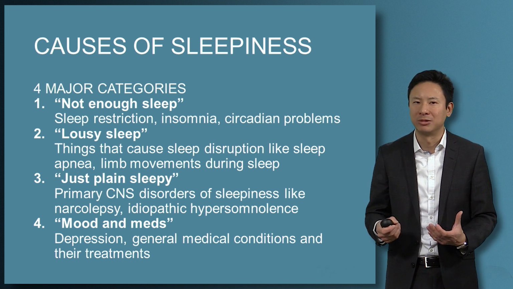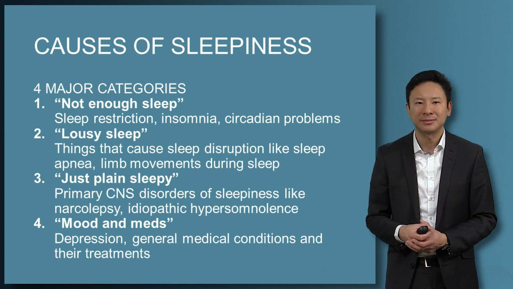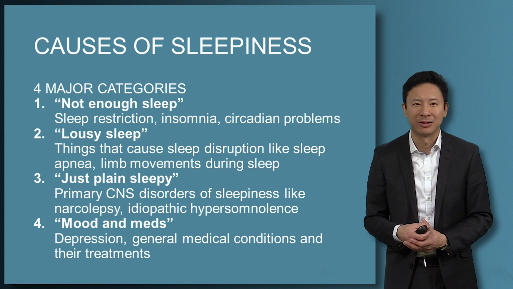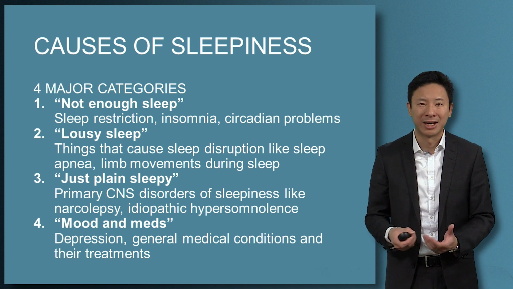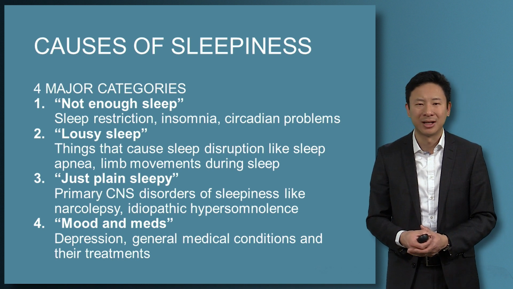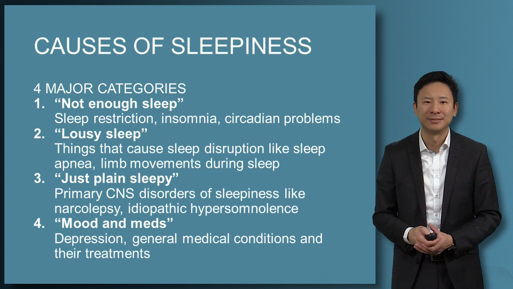So sleep disordered breathing, sleep apnea, repetitive limb movements during sleep. And under the just plain sleepy category, there's primary CNS disorders of sleepiness like narcolepsy and idiopathic hypersomnolence. And finally, under mood and medications, there's depression and other general medical conditions and their treatments, which often can lead to some sleepiness as well.